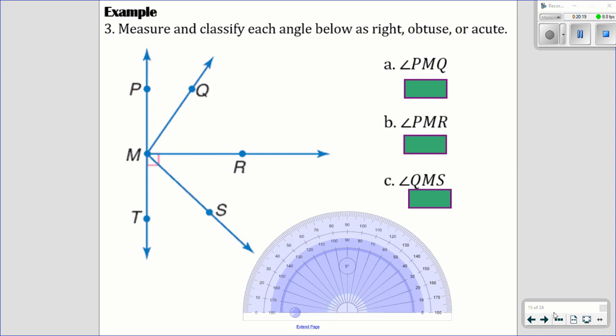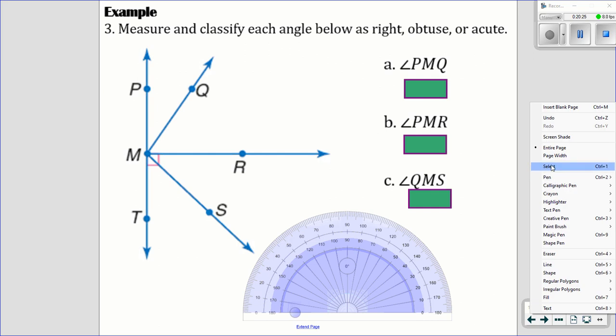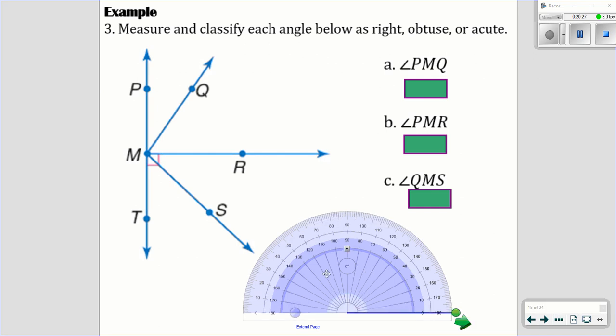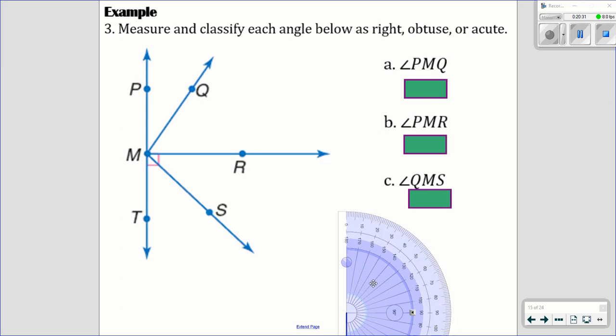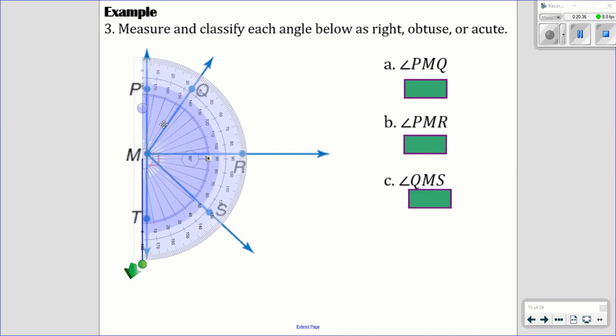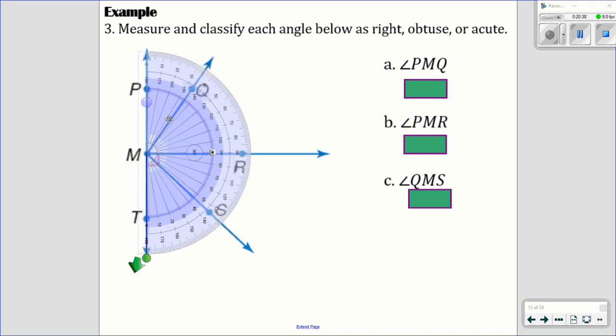Alright, they want us to measure and classify each angle. So let's go back, let's use the protractor. Let me turn it this way. They want us to find angle PMQ. Put the center on the vertex, which is M. I'm going to be using the outside numbers because I'm using this line as my ray, the starting point.